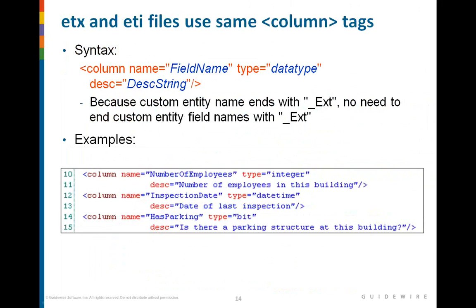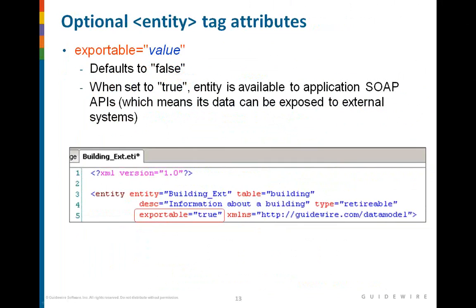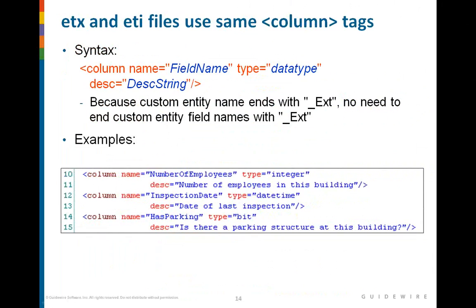Because custom entity names end with _ext, there is no need to end custom entity field names with _ext. We have defined that it is completely an extension or a new entity defined with the _ext entity name, so there is no requirement to add the _ext suffix to each and every field.